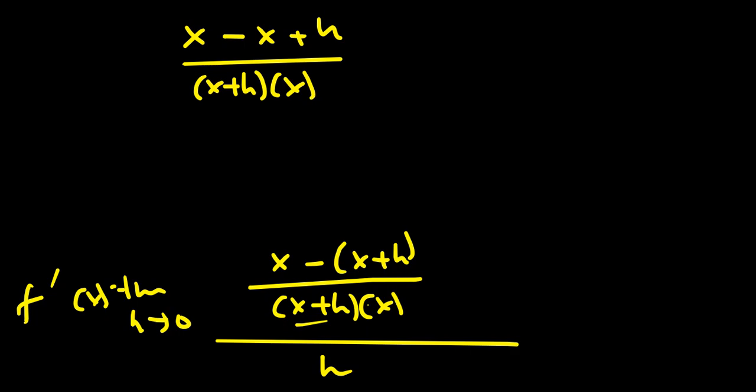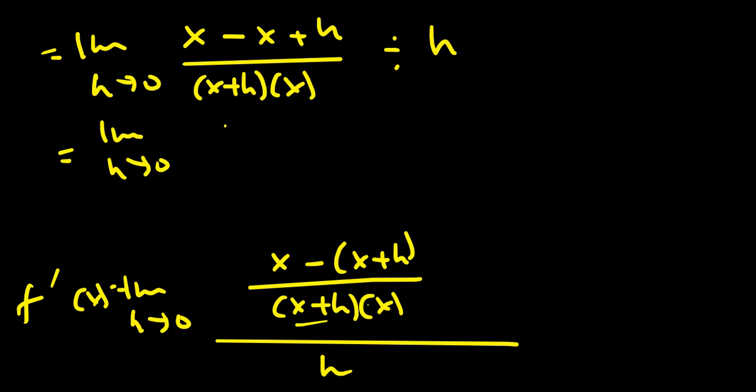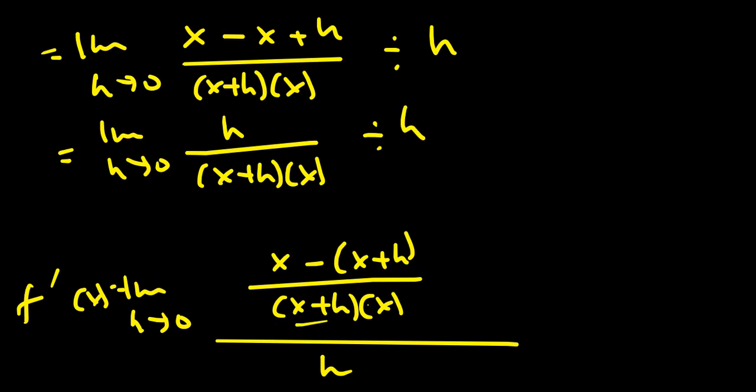So this is all dividing by h. Then I have the limit there as h approaches 0. So what is this going to be equal to? Then there I'll get 0. So I have the limit as h approaches 0. Now I just remain with h divided by x plus h, x, then divided by h, like that.